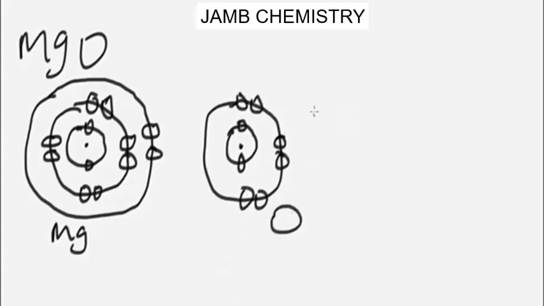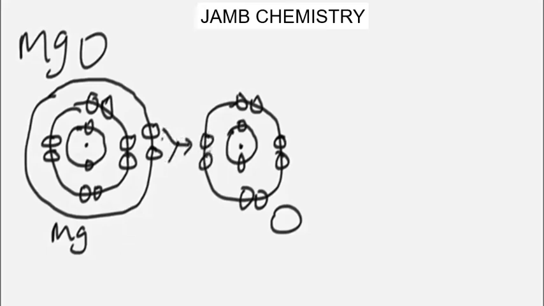Now that we have drawn their respective atomic structures when they have not gotten charged, the ionic bonding here is that this magnesium atom will lose these two electrons to this oxygen atom. So they will now come here.